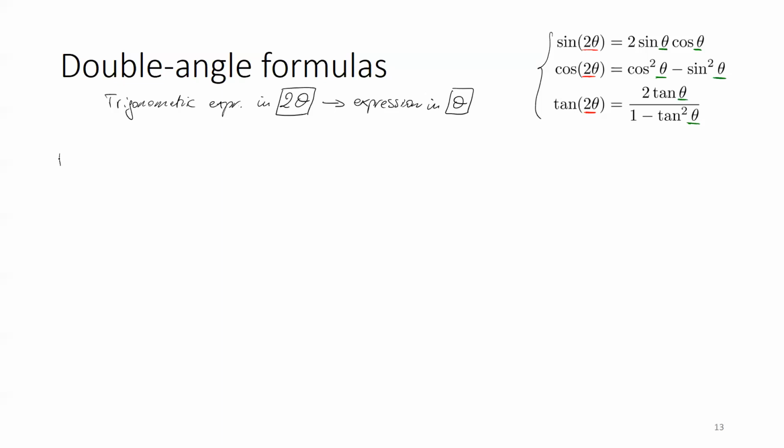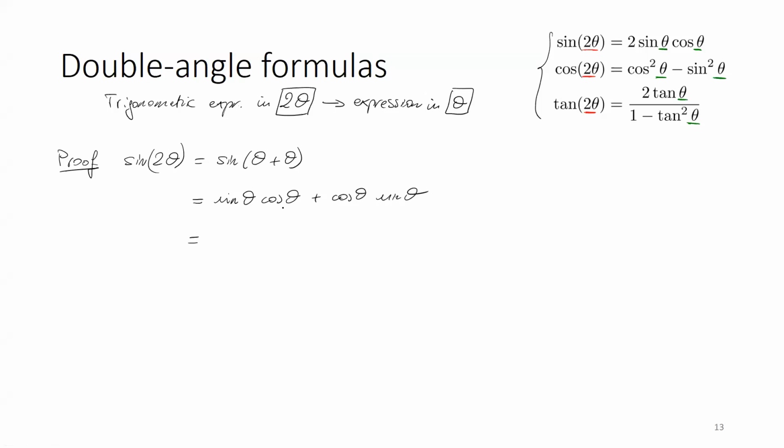So where do these formulas come from? Let's take the first one. So sine 2 theta, I can write that as sine of theta plus theta. That's what 2 theta is. And now I just use my addition formula. Sine theta cosine theta plus cosine theta sine theta.